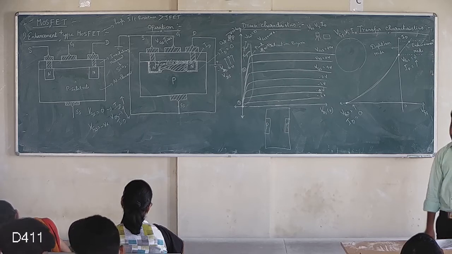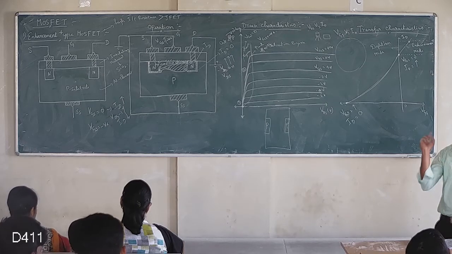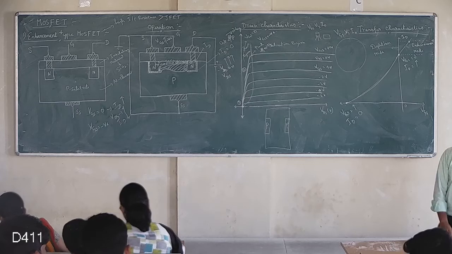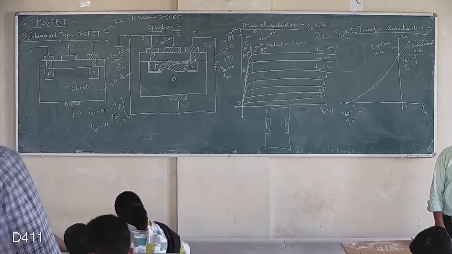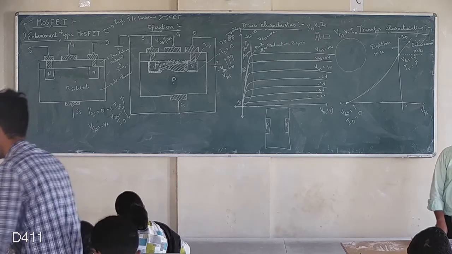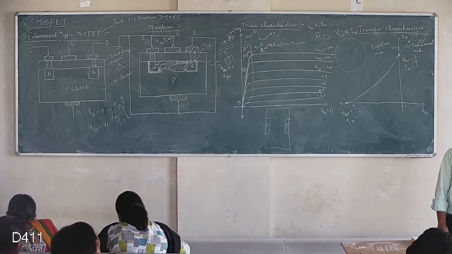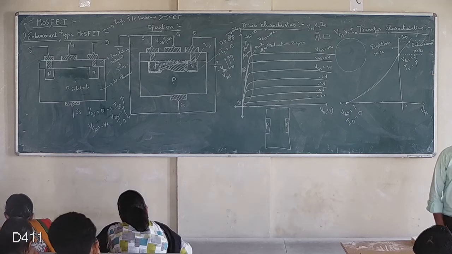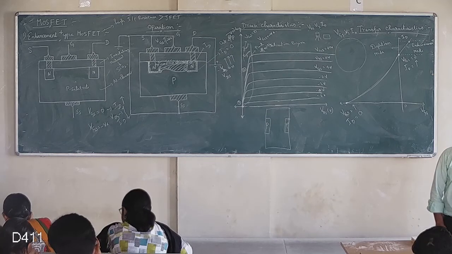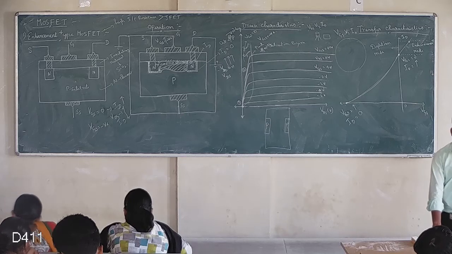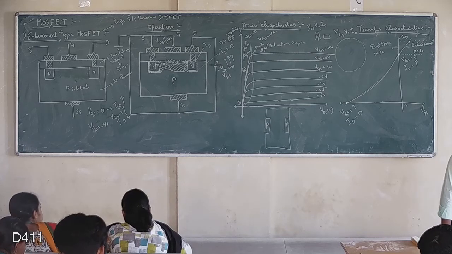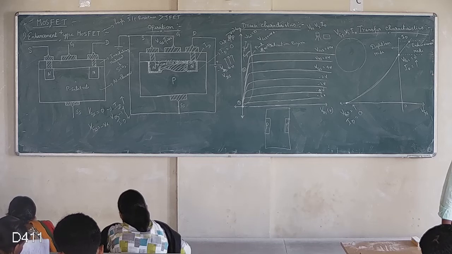Next one, breakdown region. If we increase VDS, the drain current remains constant.